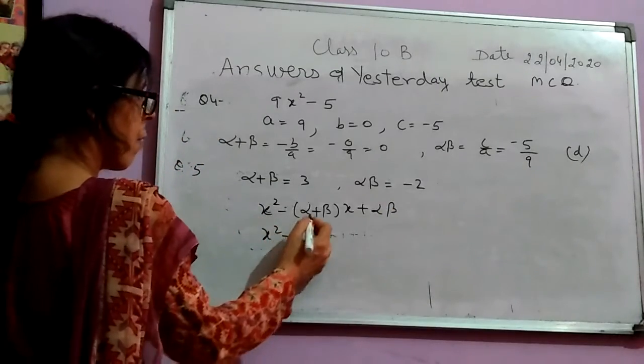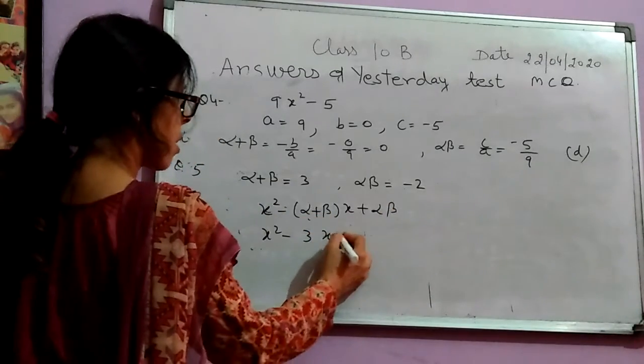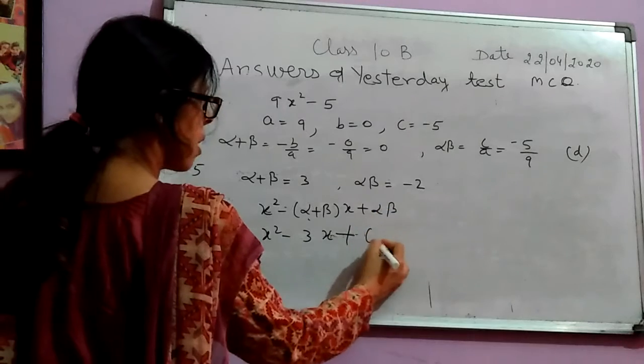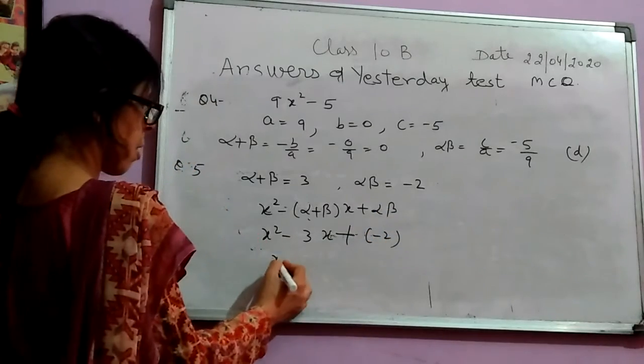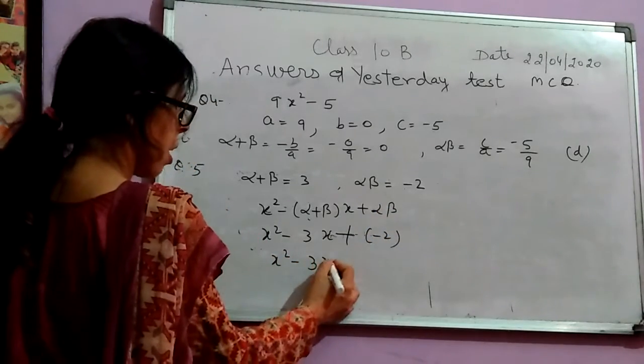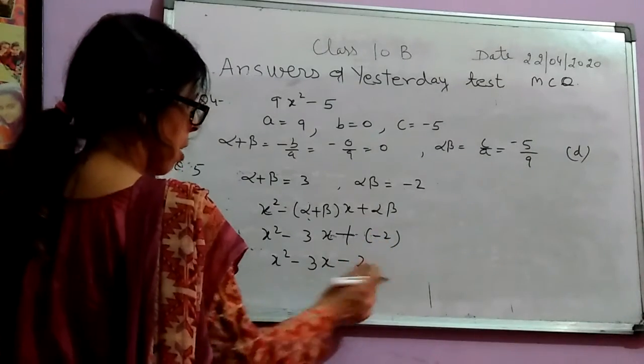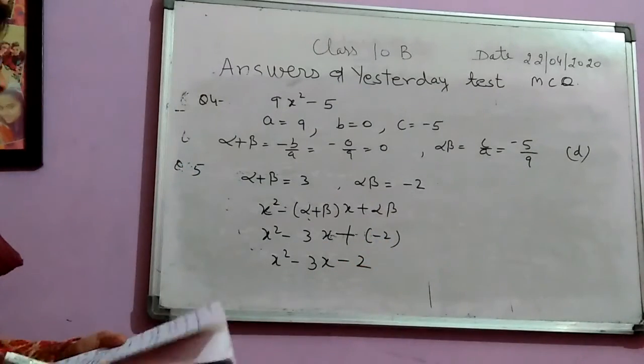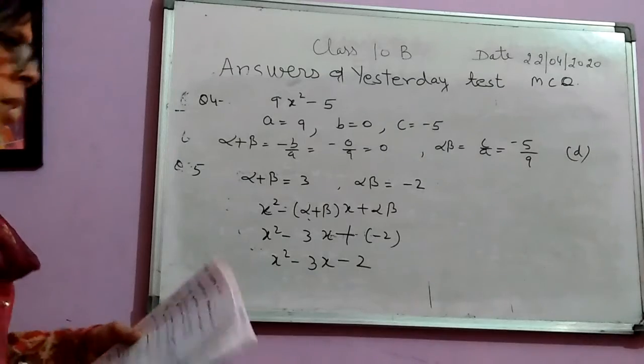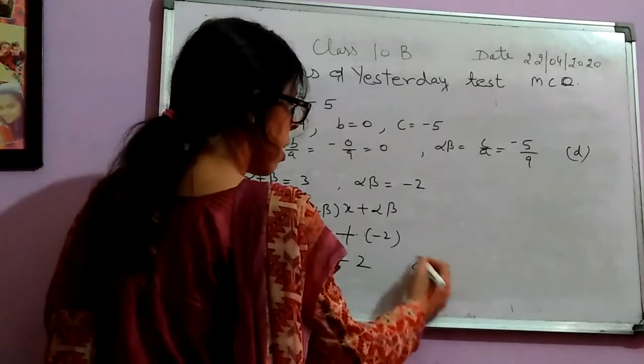Now write the value of alpha plus beta, it is 3x, and alpha into beta is minus 2. It is x square minus 3x. In plus and minus sign you will carry the minus sign. So this is the answer: x square minus 3x minus 2. It is written in part D. So part D is correct.